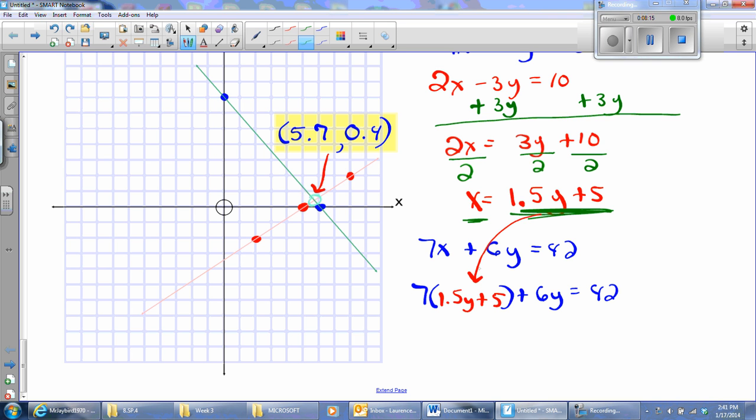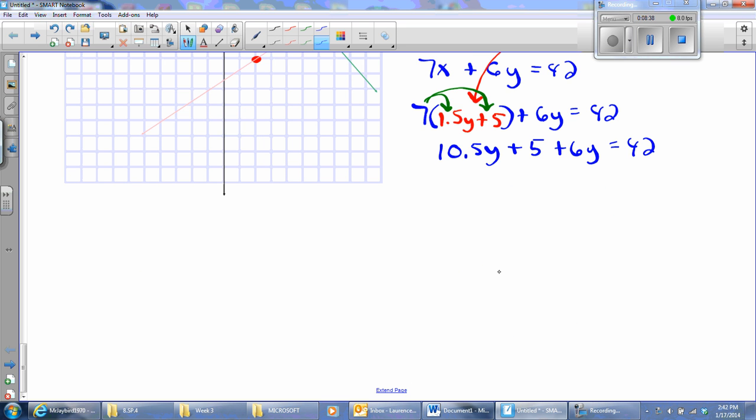Now I'm going to distribute 7 times this and 7 times that. And so I'm going to end up with 10.5y plus 35 plus 6y, and that's going to equal 42. Okay, so I've got some like terms here. That's going to be 16.5y.